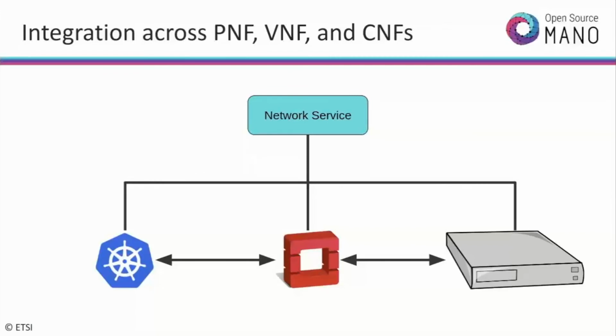We now have the ability to specify relations between all hybrid network services in a deployment. So I can relate a deep packet inspector that's running inside of Kubernetes in Google Cloud with my firewall, which is going to TEE packets to the deep packet inspector.